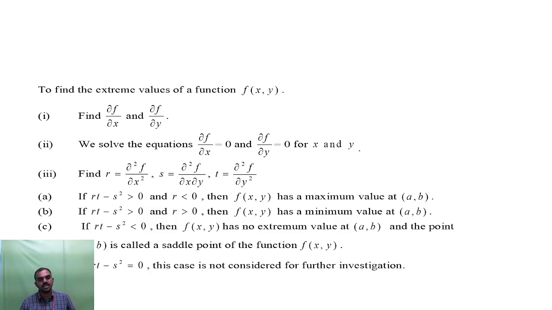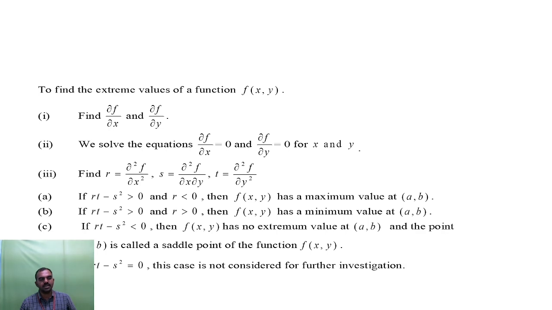First, find ∂f/∂x and ∂f/∂y. These are topics contained in partial derivatives: first the partial derivative of the function with respect to x, then the partial derivative with respect to y.